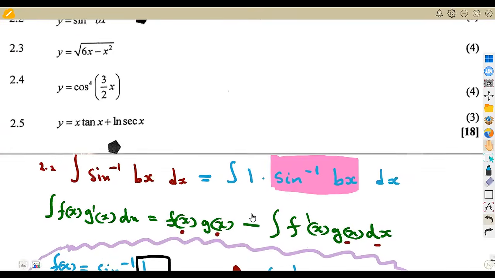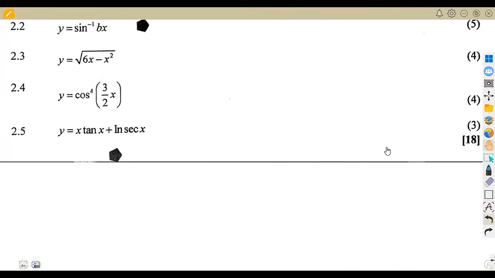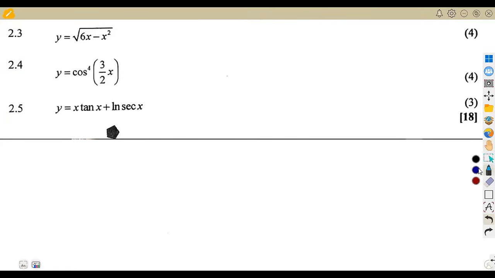That is 2.3. All right, so 2.3, we have got a square root. They are saying we are supposed to integrate the square root of 6x minus x squared with respect to x. All right, how can we integrate this?